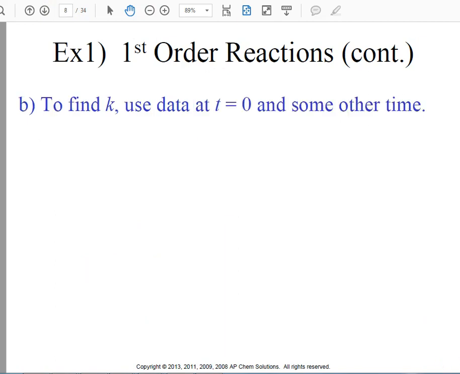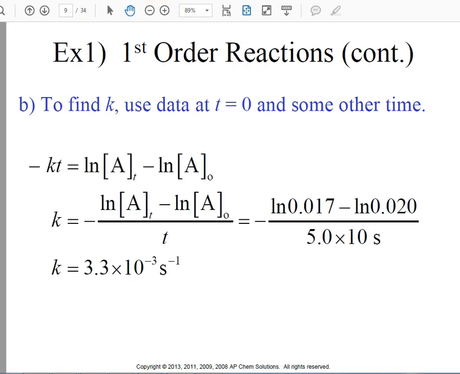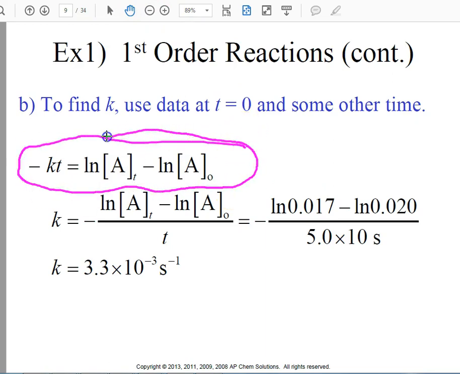All right, now to find k, we're going to use the data at time 0 along with some other time. And we can just randomly pick. But we're going to use our first order integrated rate law equation. Okay, we're going to use this equation.